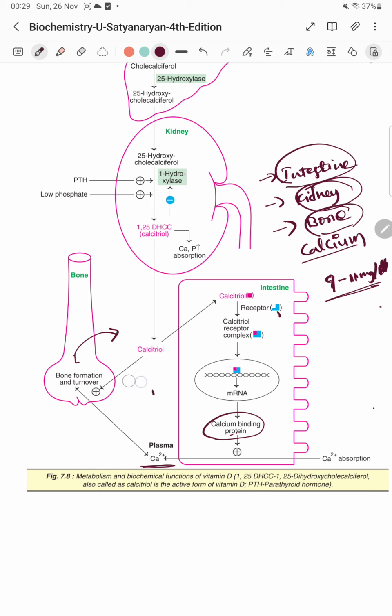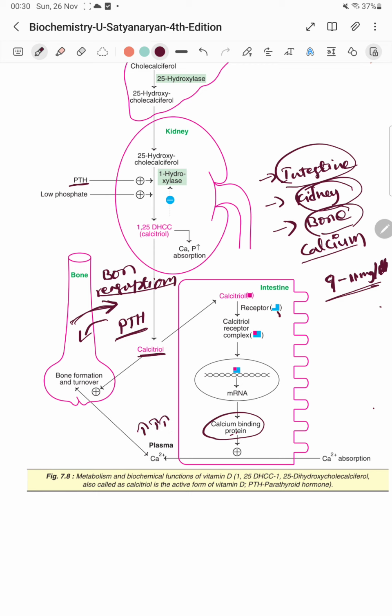This calcitriol not only helps in storage of calcium in the bone, but whenever you are deficient of calcium, this calcitriol, along with PTH, parathyroid hormone, combines with parathyroid hormone, and whatever calcium is stored in excess will now come out from the bone. This is called reabsorption of bone. Bone reabsorption means calcium will be mobilized from the bone to outside into the plasma, so that plasma calcium will again increase up to 9 to 11 mg per dl.